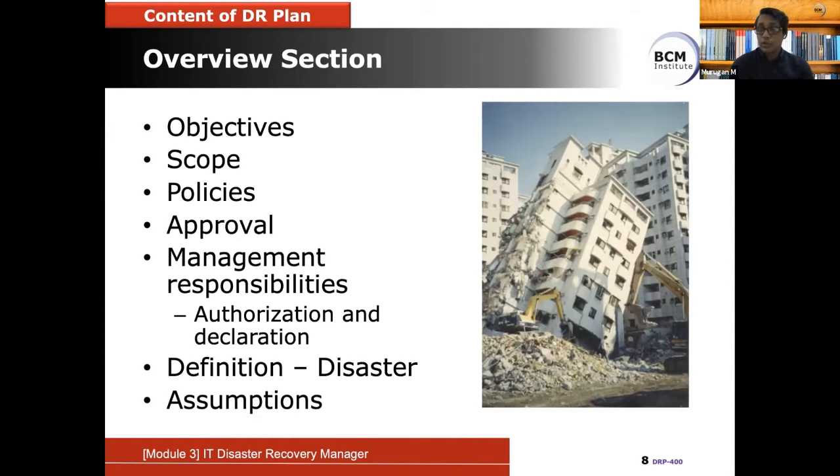And assumptions. What do you cover? What do you mean by this? What is not covered in the plan? This is basically to safeguard this document and the people within this ITDR team. Because as I mentioned, users don't understand what is happening behind the applications that they use most of the time. All they know is I come to office in the morning, I log in, it's there. When I double click the icon, the screen for me to put in my password will appear.